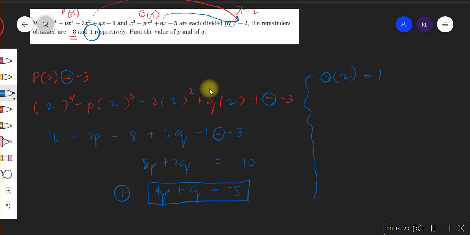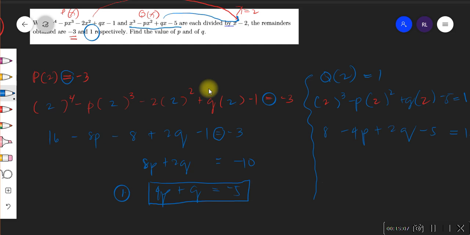We're going to use this polynomial, x cubed minus px squared plus qx minus 5. The result is just 1, replacing all x with 2. So we will have 8 minus 4p, then plus 2q minus 5 equals 1.